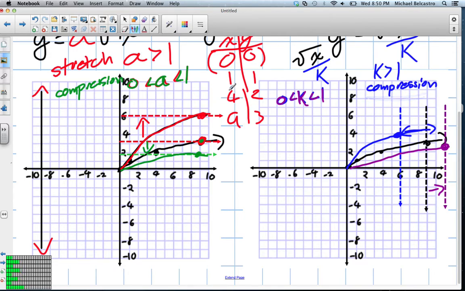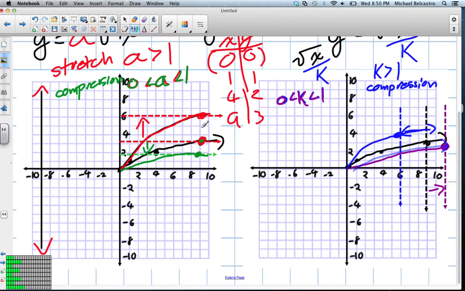If you remember, compression brought it in. So we brought it in, it kind of went like that. And then the other is vice versa. Here, the one that looked like it's going down more is actually considered a horizontal stretch.